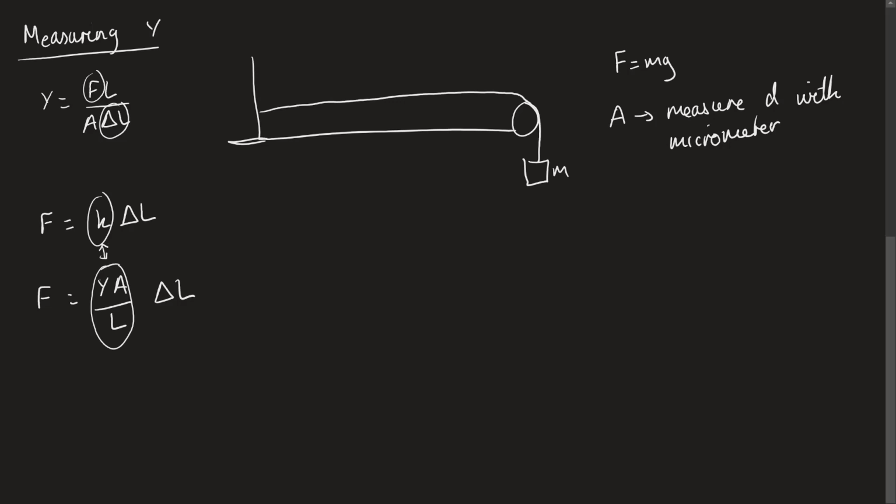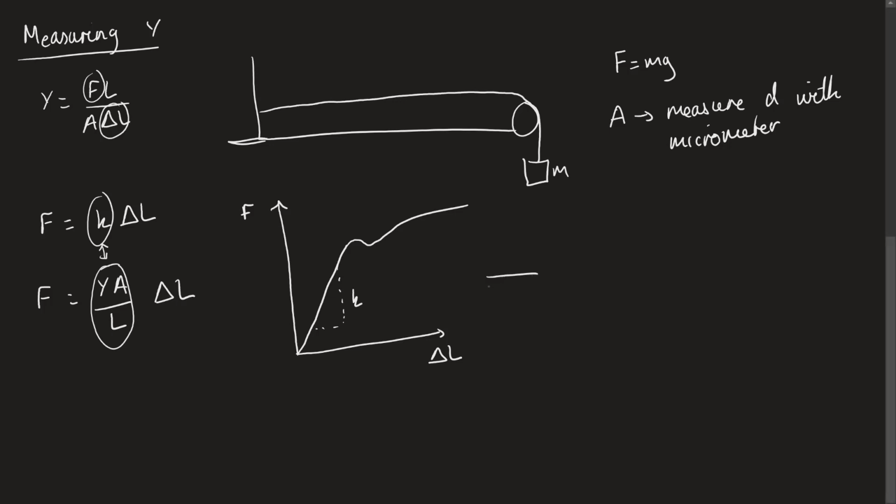So where I want to go from here is what we said in the springs video, is that I can make a graph of F against delta L, and I will have a straight line up to some limit of proportionality, and then after that I'd get some extension curve like this. Now this means if I have a very similar property for Y, in order to get the gradient of this is currently K. If I want the gradient of a graph to be Y, my X and Y axis have to be stress and strain.